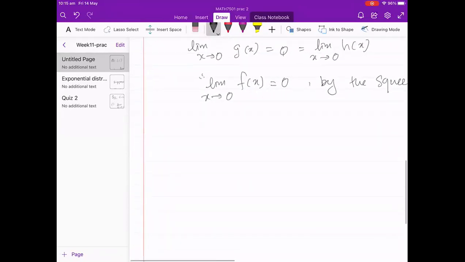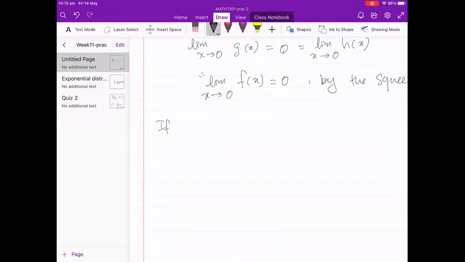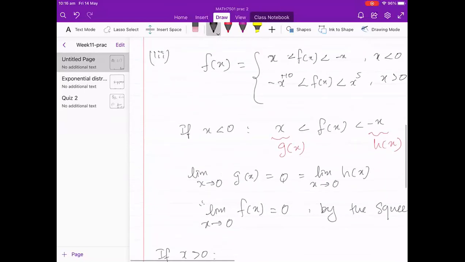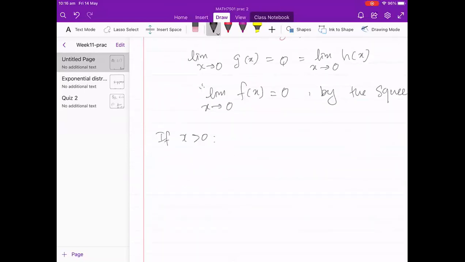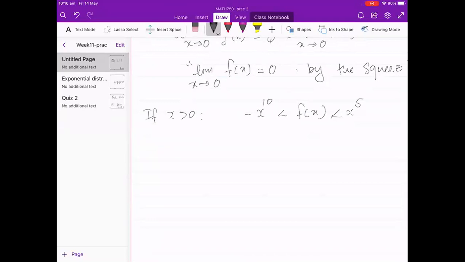From the right, if x is positive, you have f(x) between minus x to the power 10 and x to the power 5. Again, you can say these are g(x) and h(x).